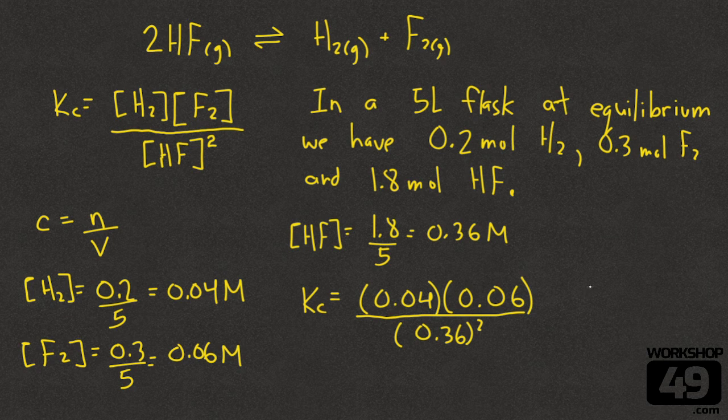And we plug and chug and we chuck this into our calculators, and it leaves us with a Kc value equal to 0.0185. If you guessed that Kc was going to be less than 1 because our reactant, HF, was what had the highest amount, you would be correct.